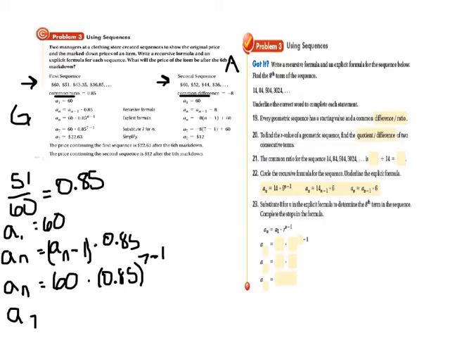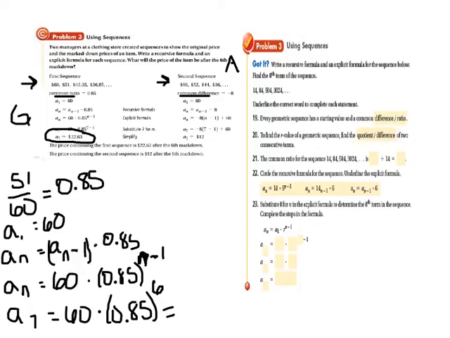We can say a sub 7 equals 60 times 0.85, and then that would go to the 6th power. I'm sorry, when I wrote this before, this should have been an n. And then when we use it, it's a 7. Alright, and then we go ahead and calculate this out, and we get $22.63.